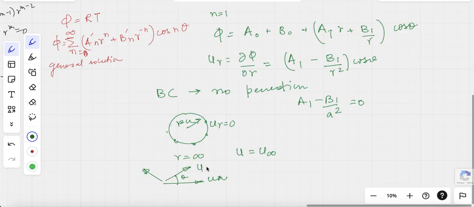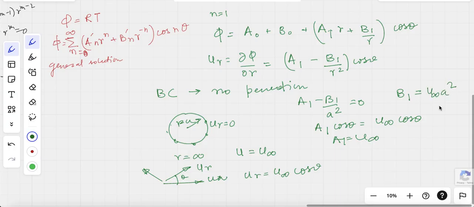So this is ur. So ur equals u infinity cos theta, right? So at r equals infinity, we have a1 cos theta equal to u infinity cos theta. So a1 is equal to u infinity, and from here b1 is equal to u infinity a square.